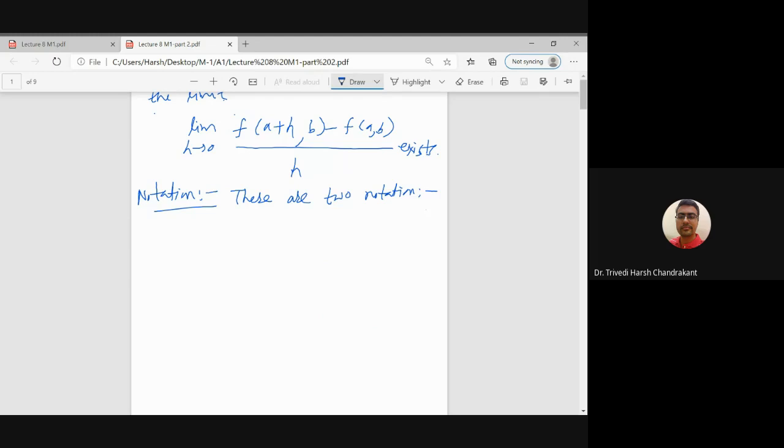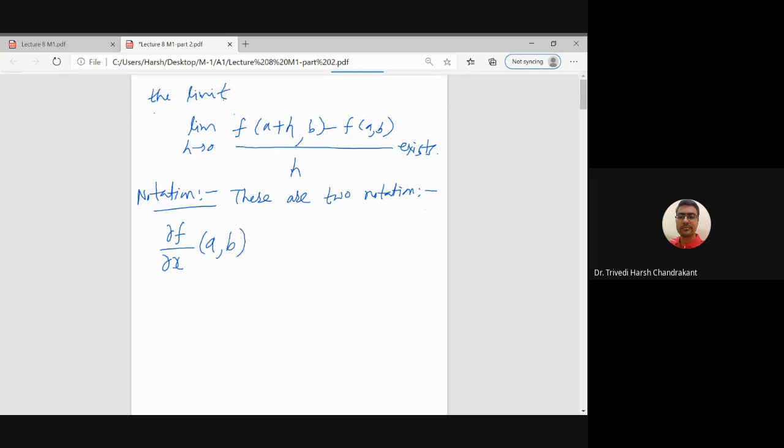So what notation we will use is del f by del x, partial derivative at the point a b, is limit h approaches to 0 f of a plus h comma b minus f of a comma b divided by h.